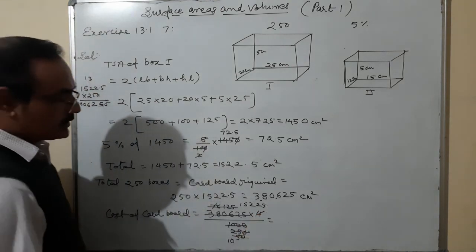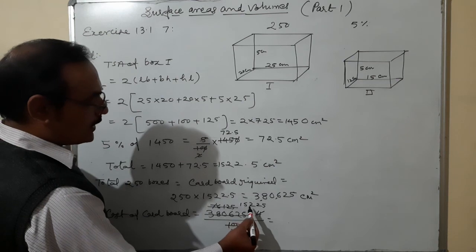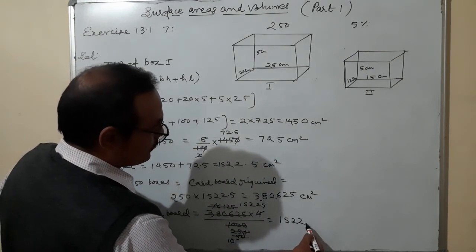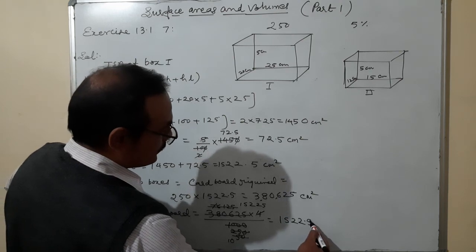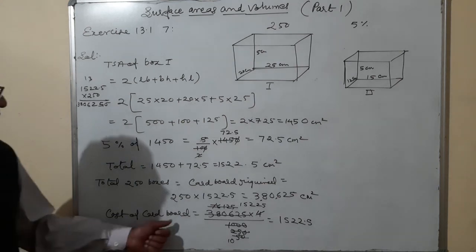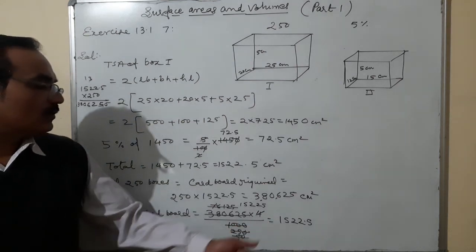Again by 5, and again by 5. So that means the result is coming 1522.5. Okay.